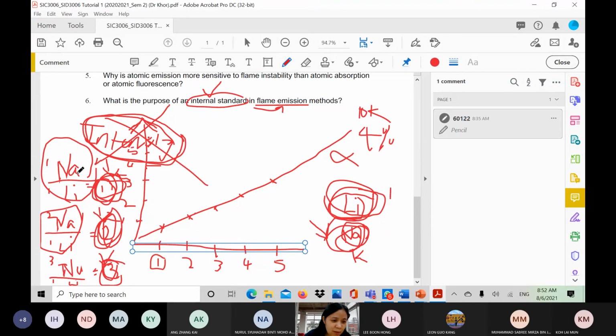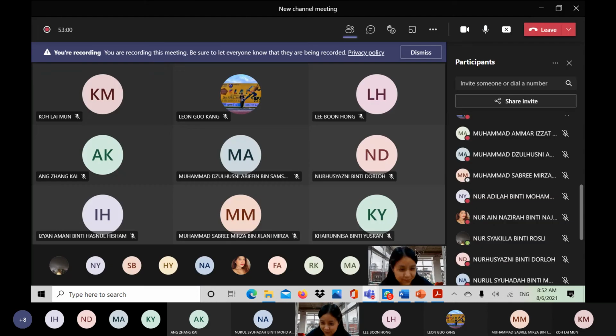At 1 ppm, it should be 1. At 2 ppm, it should be 2. At 3 ppm, it should be 3. This is the constant. In what kind of situation will it change? Nur Ain, help us to answer this question. This is to test whether you understand my explanation or not. You can think critically.